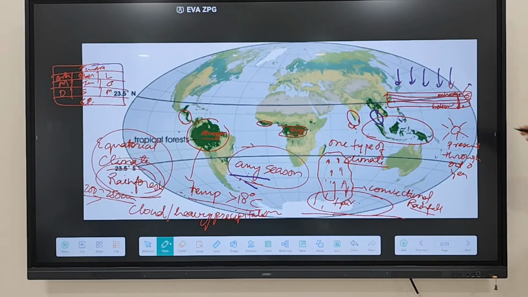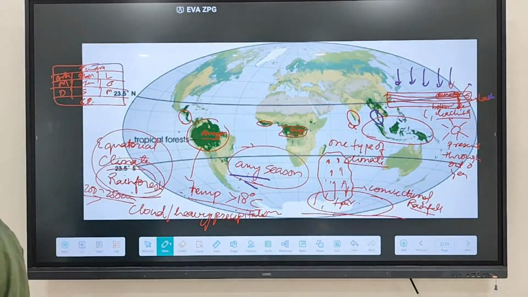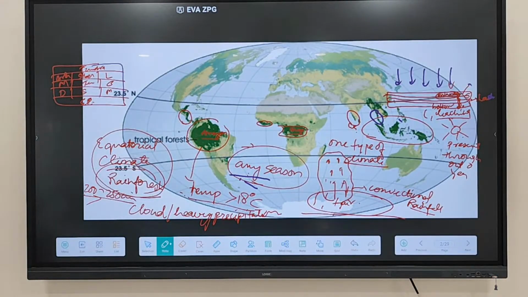So when rainwater is seeping underground, the minerals at the top of the soil are also moving towards the bottom of the soil. This phenomenon is referred to as the leaching phenomenon. Minerals are being leached out. Materials are moving from the top of the soil to the bottom of the soil, and this phenomenon is referred to as leaching. Clear?